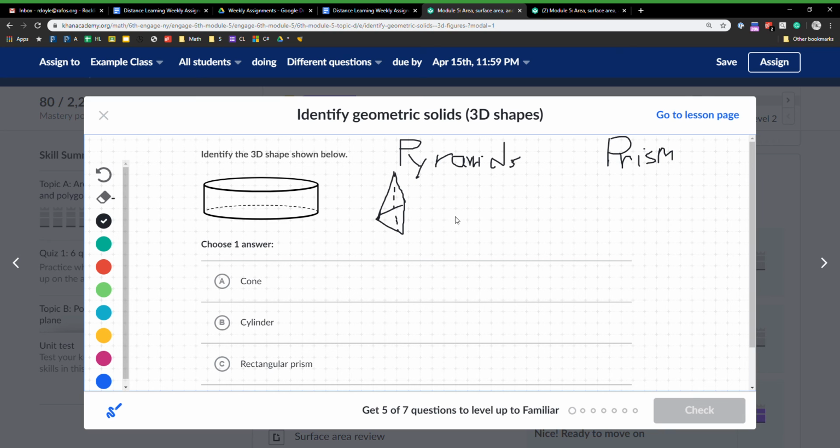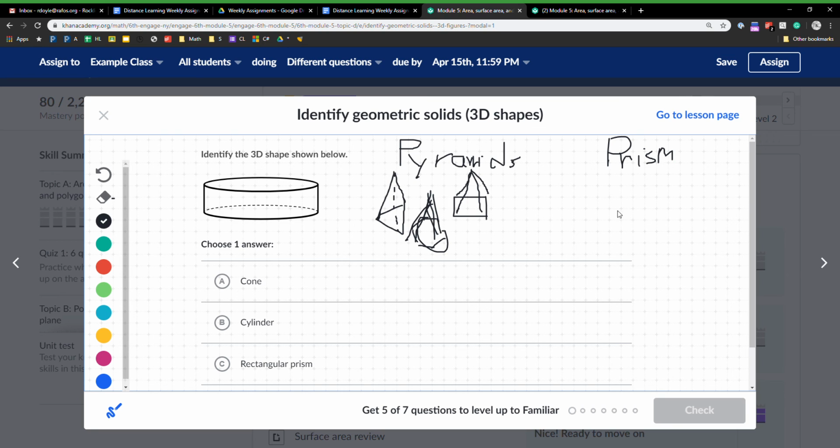If you've got a rectangle and it goes up to one point, that is a rectangular pyramid. If it had 6 sides on the bottom and went up to a point, this is a hexagonal pyramid. You take the name of the base and say pyramid after.